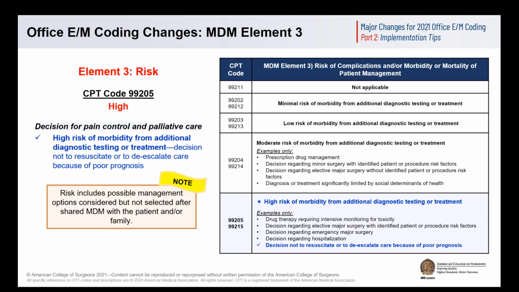And your risk is high because at the end, whether the family decides they want to proceed with any kind of treatment or you choose not to, or you choose to de-escalate care, you get the same credit for the decision not to perform procedures as you do to perform them, especially when you're spending that added time and effort to describe the options and engage the family in selecting the level of care for that patient. Next slide.